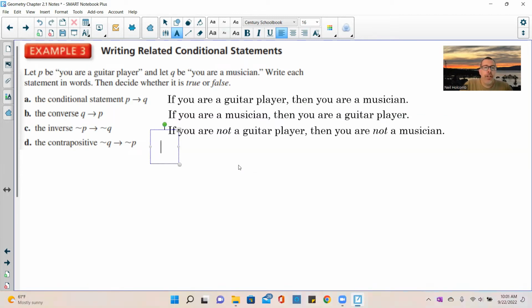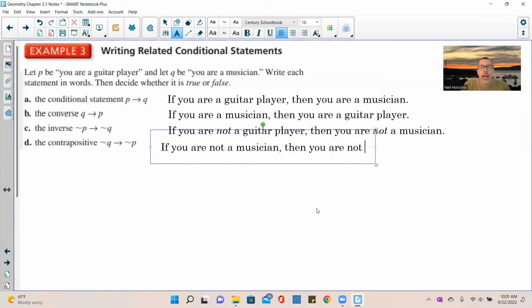And then finally, they want us to do the contrapositive, which means take the hypothesis and the conclusion, switch them, and negate both. So I'm going to start with you are a musician and negate it. So I'm going to say, if you are not a musician, then you are not a guitar player.